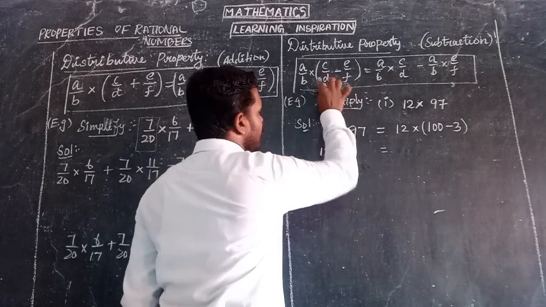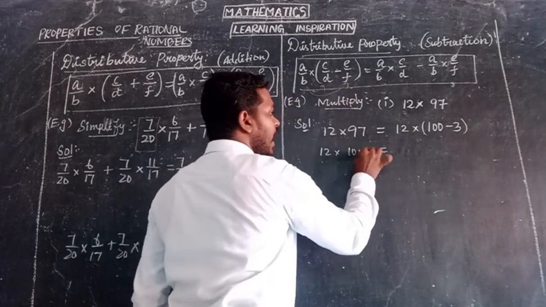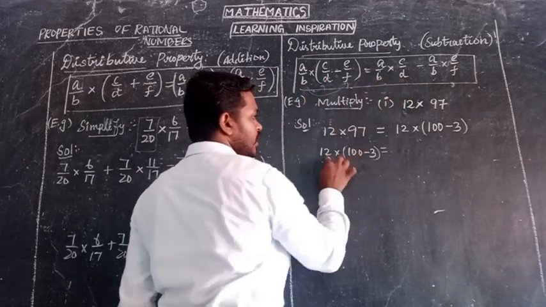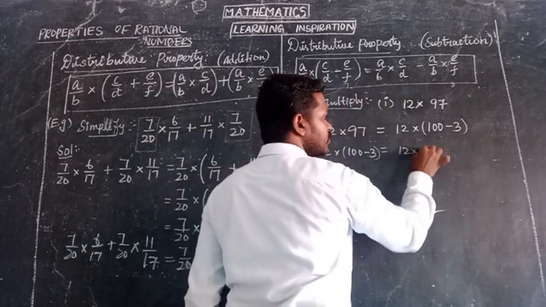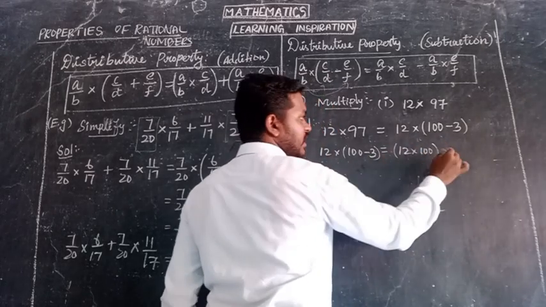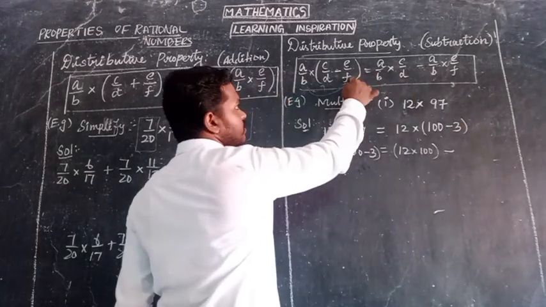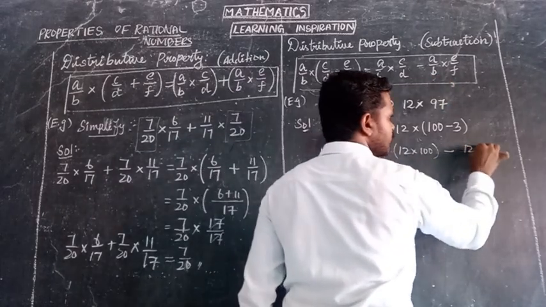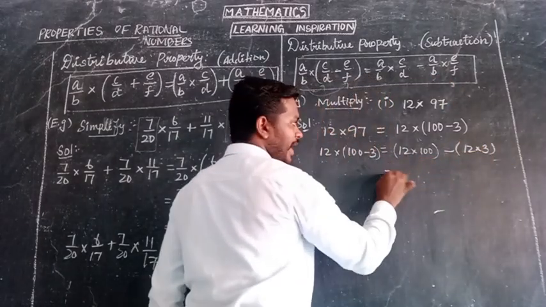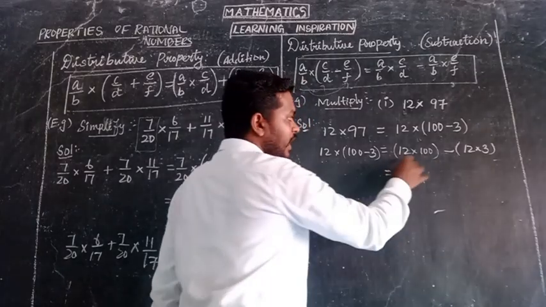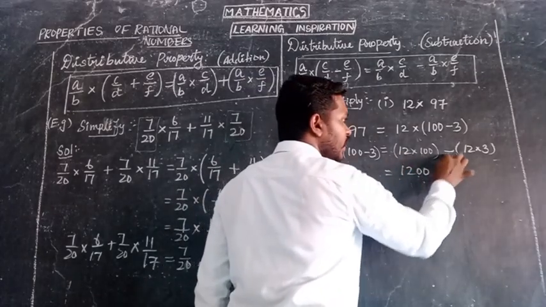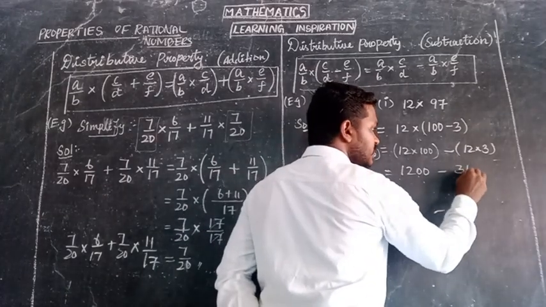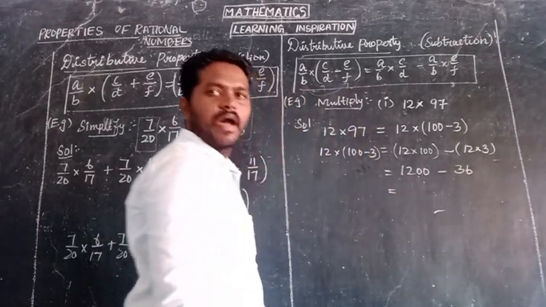So using this property, 12 into (100 minus 3) is equal to the first number multiplied with the first number in the bracket, 12 into 100, the center value is minus, and then a by b is multiplied with e by f, here 12 into 3. So 12 into 100 is 1200 minus 12 into 3, which is 36. So 1200 minus 36.